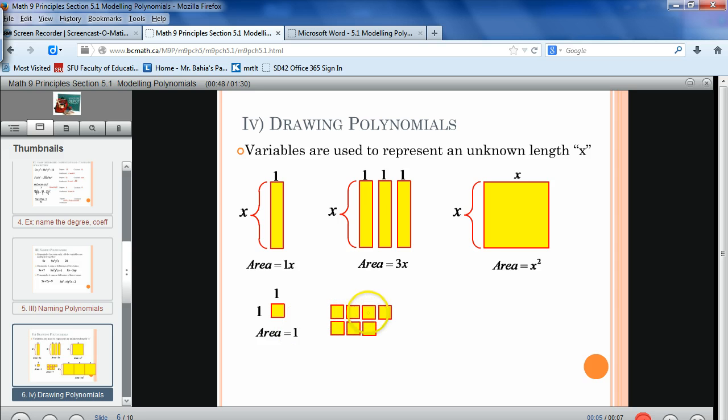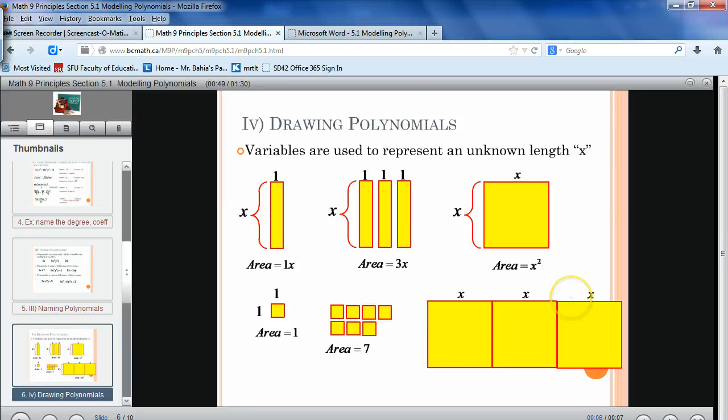So if you've got 1, 2, 3, 4, 5, 6, 7 constants, that's going to be called 7. Okay. If you have something like this, you've got 3 of these x squared, so you'd call that 3x squared. Okay, so just getting used to the terminology here.